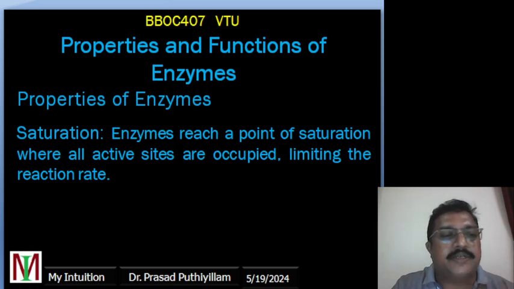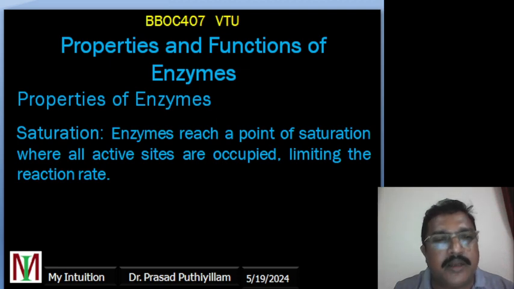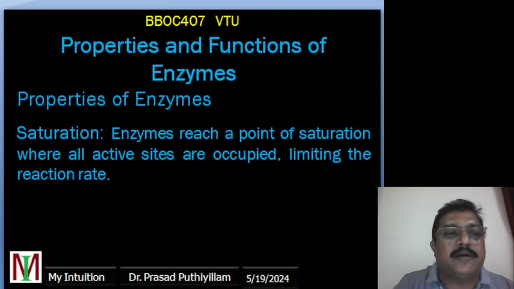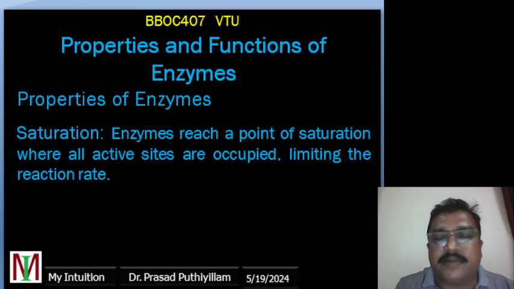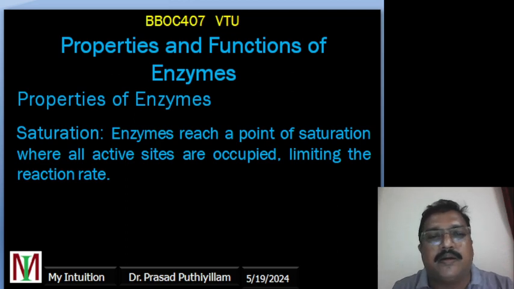Then saturation. Imagine a restaurant having so many customers at once. The limited servers can serve only a few. Enzymes are like these restaurant workers. They have a limited number of active sites. It's like when people get irritated, they say I have only two hands.